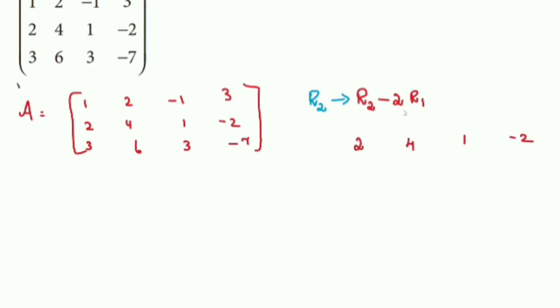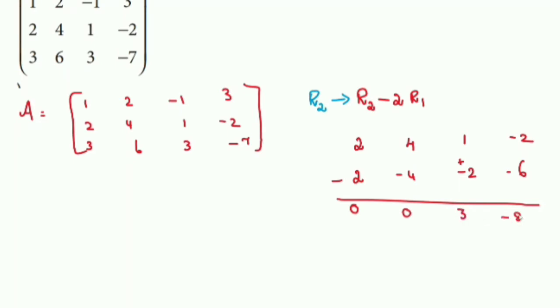First you multiply R1 by 2, then we change the sign. Row 1 I am multiplying by 2: 2 into 2, 4. Minus 2. 2 into 3, 6. Then change the sign: minus here, this will become plus, this will become minus. So you get 0, 0, 3, minus 8.